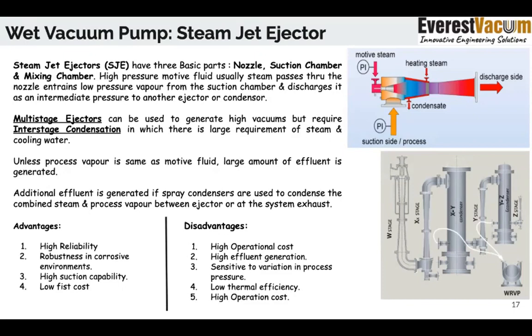Some advantages that this technology offers: it still has very high reliability. It is robust in corrosive environments. Now, when I say robust in corrosive environments, it is very robust when I am talking about alkalis.